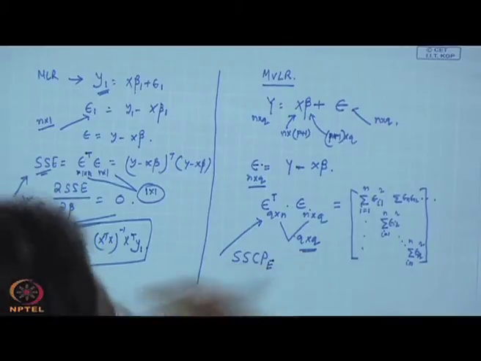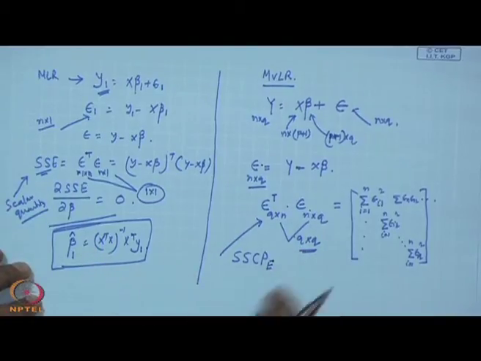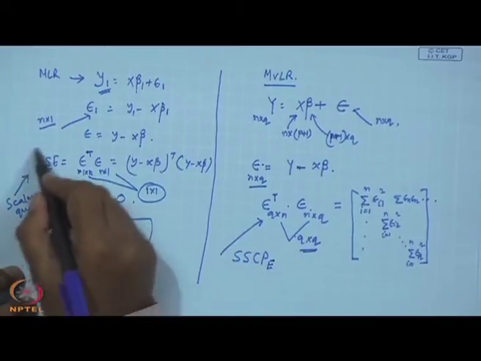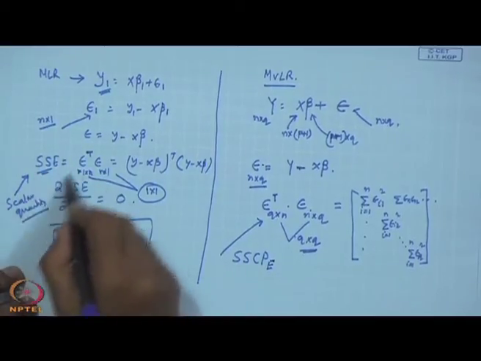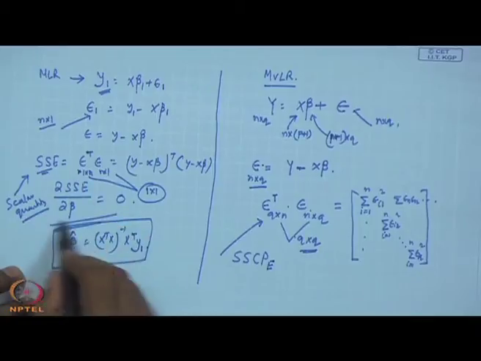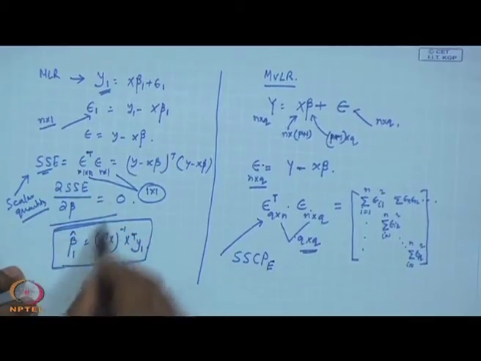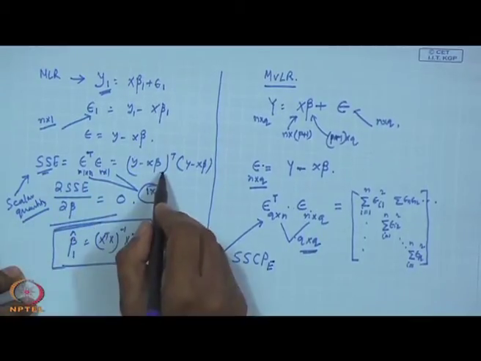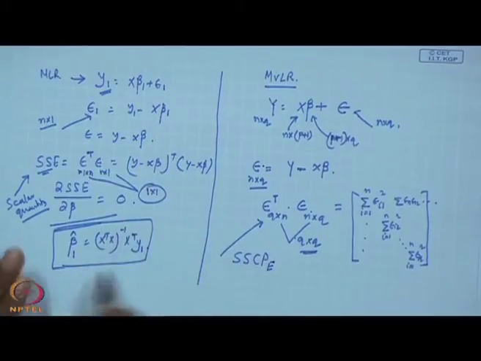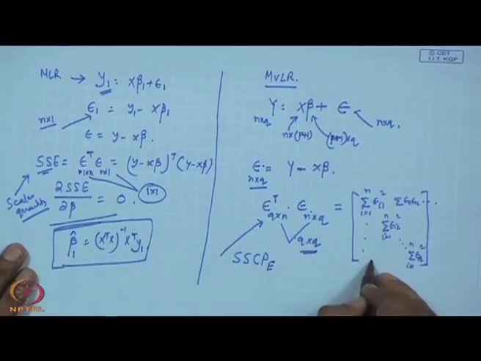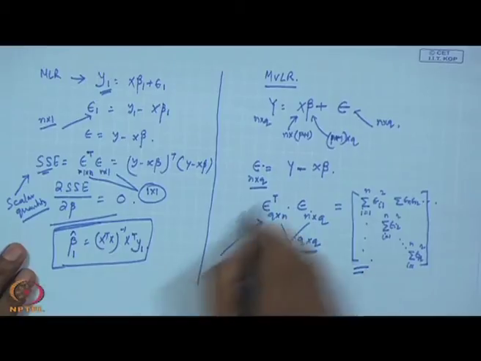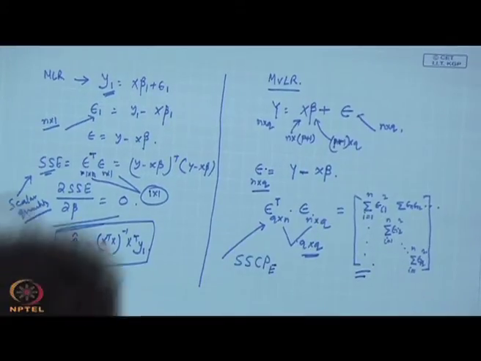Now, what do we want? We want this matrix to be as minimum as possible, because in MLR we have seen that SSE is minimized: we take the derivative of SSE with respect to the beta values, put it to 0, and we got this equation. We want the same thing here. We want this matrix to be as minimum as possible.